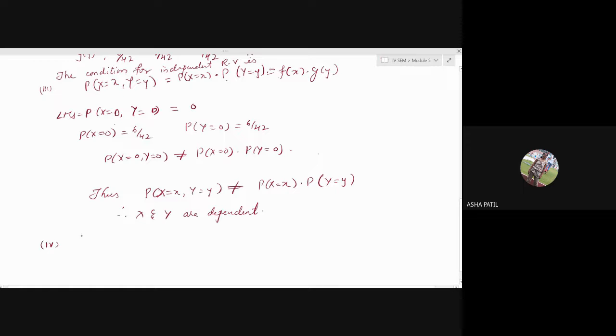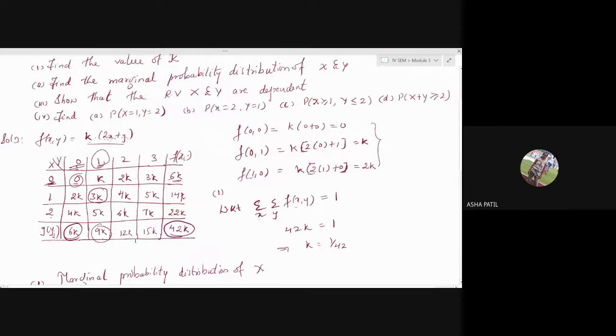Last question. Different probabilities they have. Quickly tell us what are those? X equal to 1, y equal to 2. What is the probability that x is 1 and y is 2? It is 4K.